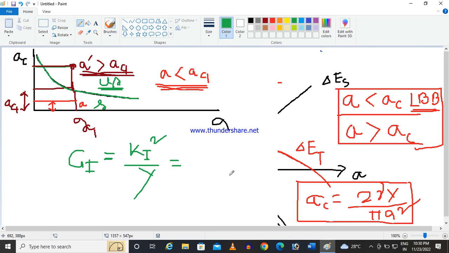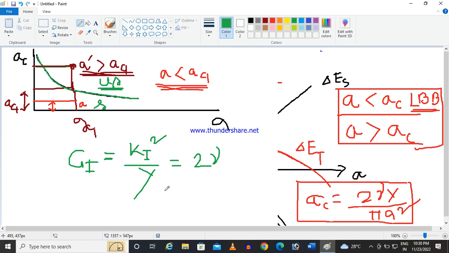Now, as this is quantified as the strain energy release rate, that is nothing but the decrease of surface energy per unit area. There are two surfaces, and we define the surface energy per unit area as gamma.